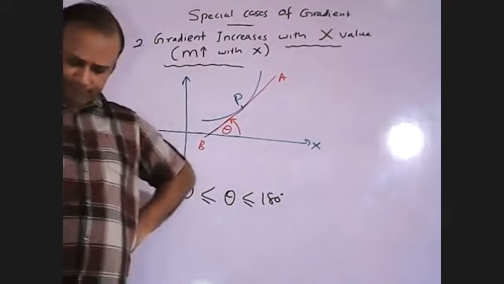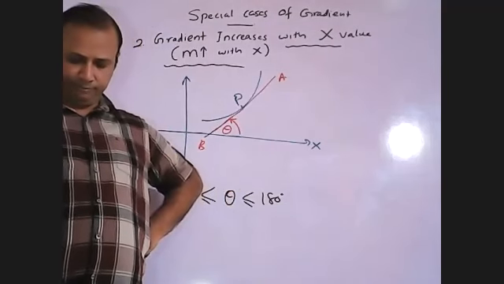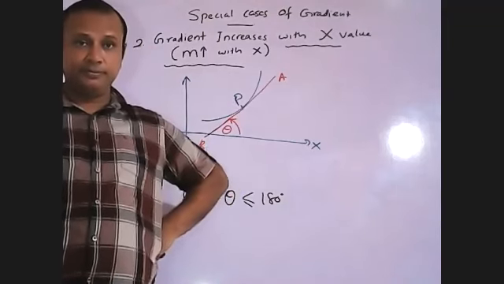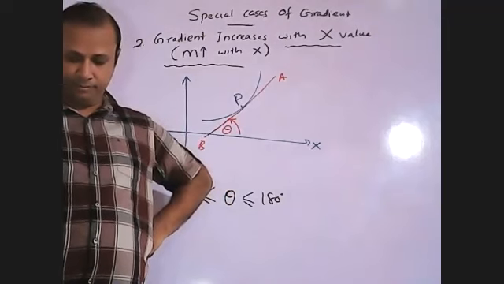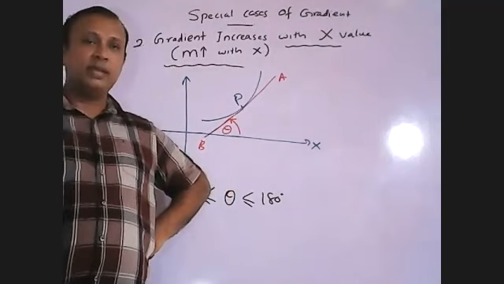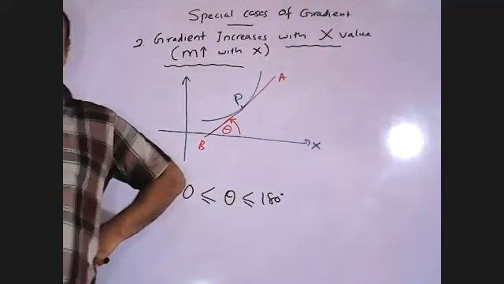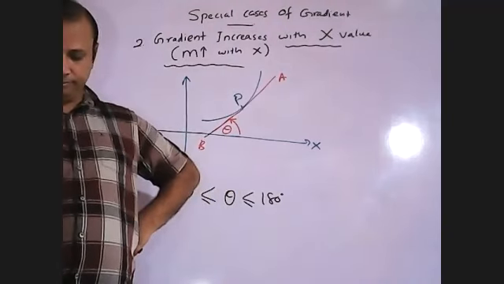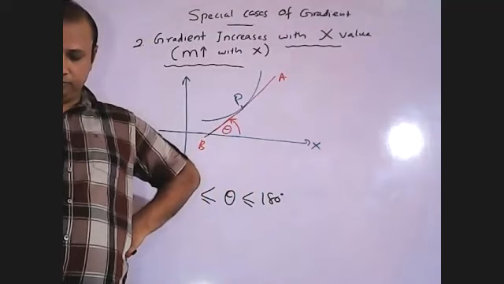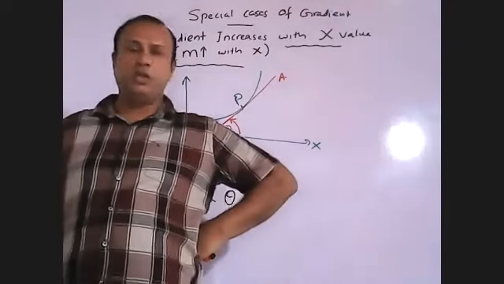Now we know that theta is varying from 0 to 180.